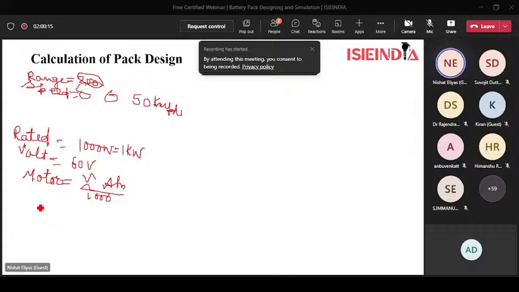So we have the motor power as 1 kilowatt, and the voltage we have rated is 60 volt.